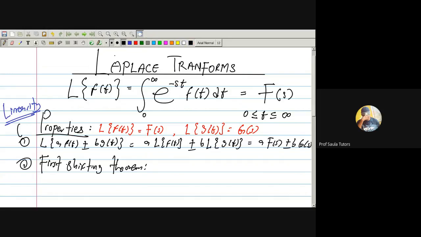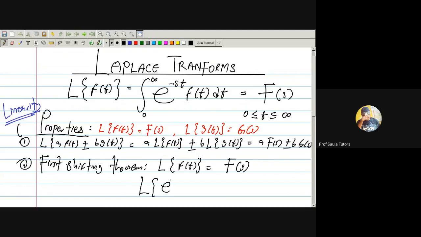Now, pay attention. Don't forget that the Laplace transform of the function f of t will give me a function of s, which is f of s. Now, the question is this. How will you find the Laplace transform when an exponential is multiplied with it?